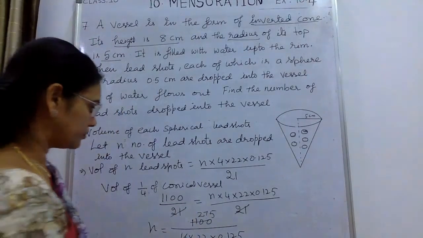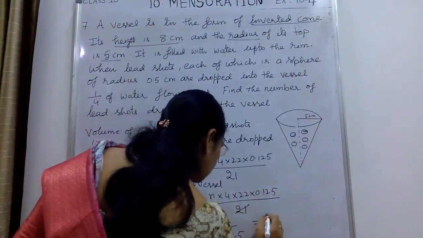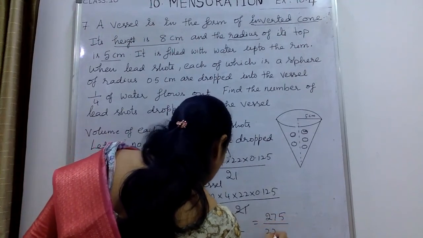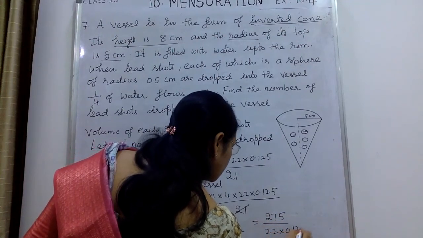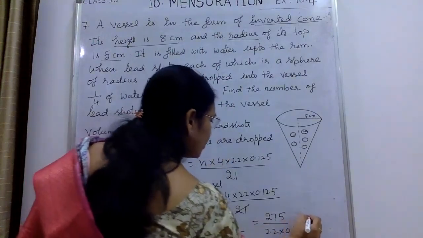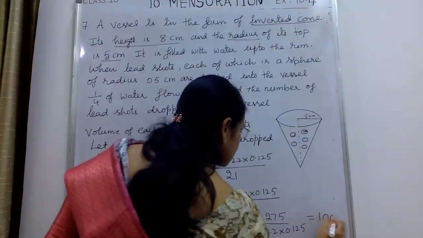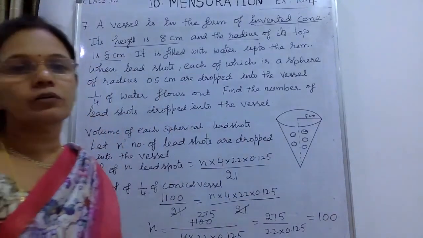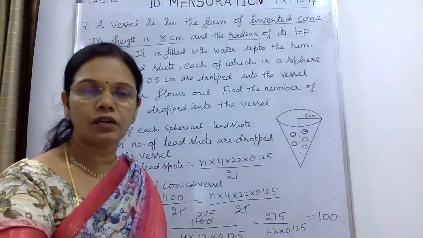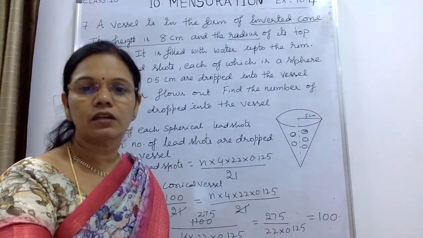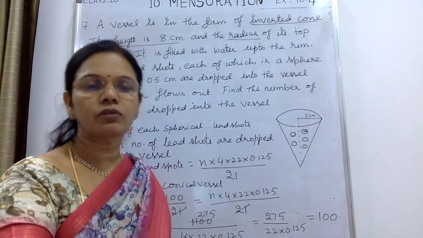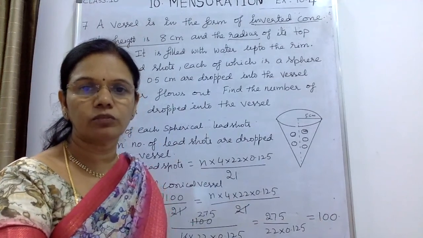After calculation, 275 by 22 into 0.125, you are going to get n is equal to 100. This means we have dropped 100 spherical lead shards into the vessel. Therefore, the number of lead shards that we have dropped is 100.